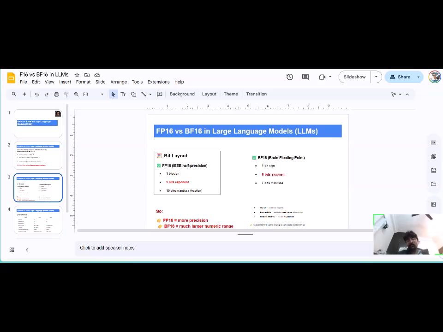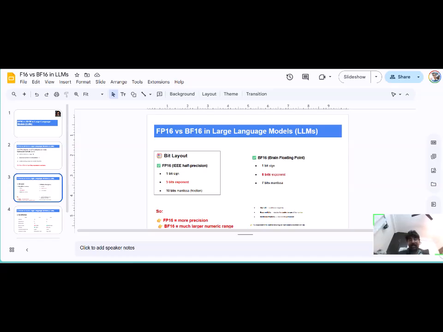For example, FP16. Each of FP16 and BF16 has a total of 16 bits, but they are different: 1 bit is reserved for sign, 5 bits for exponent, and 10 bits for mantissa, meaning fractions. For BF16, the difference is 8 bits for exponent and 5 bits for FP16.